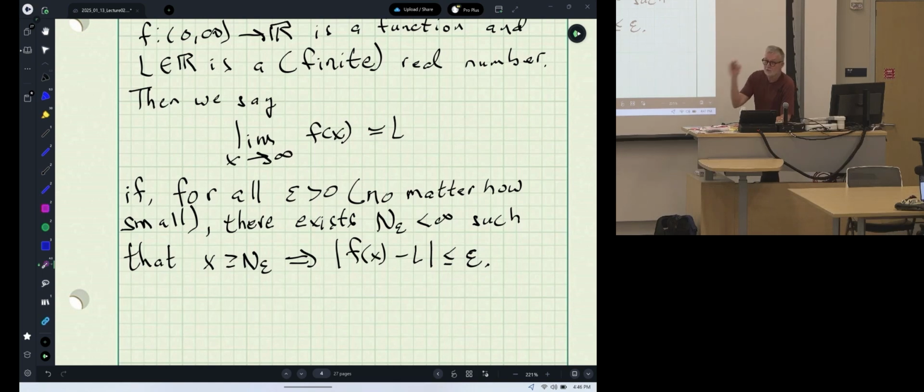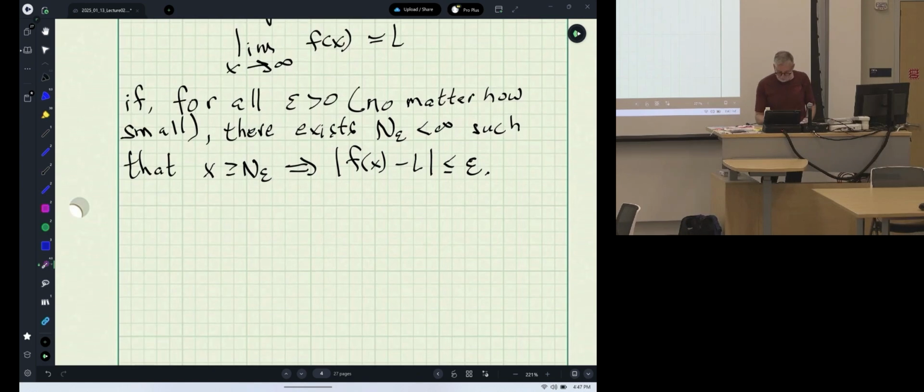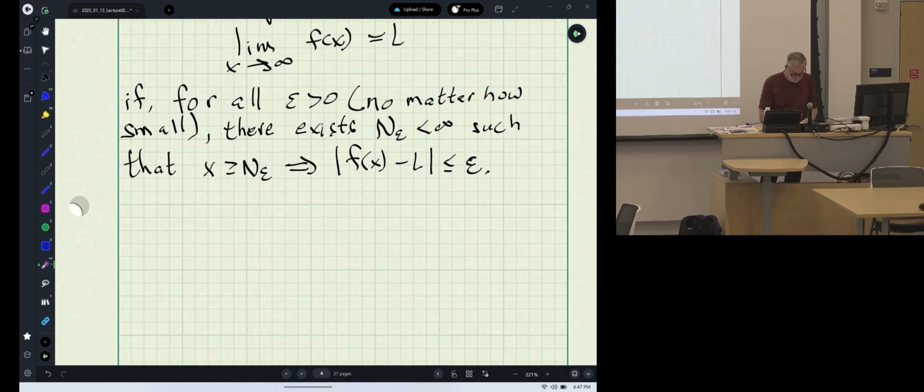So you don't have to find the tightest possible n, though in our examples, we will do that because to do something else seems kind of wasteful. But really, to check the definition, you just need to say for arbitrarily tight level of precision, I can find a finite bound such that there is no x bigger than that bound where this level of precision fails. So that's the idea.